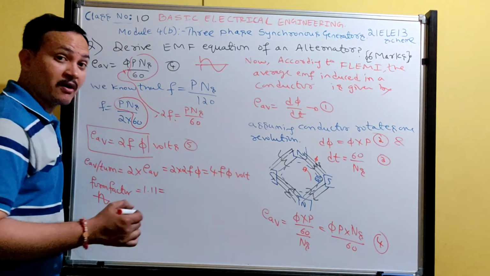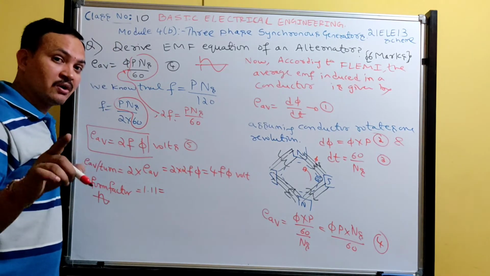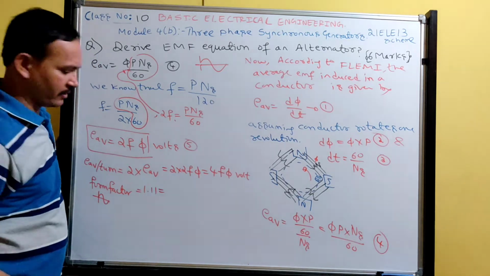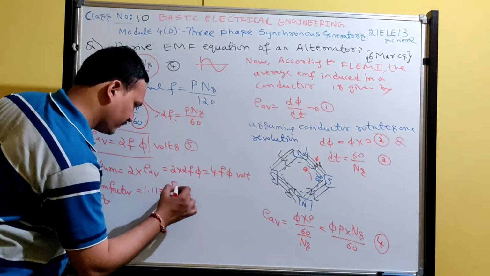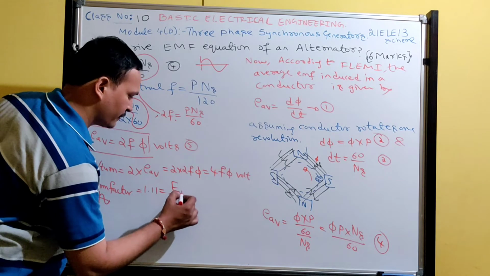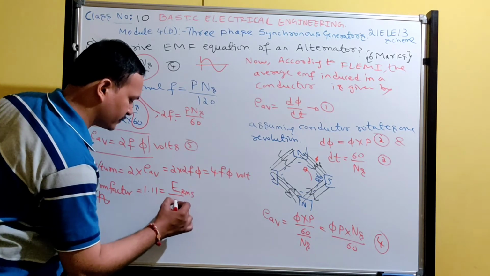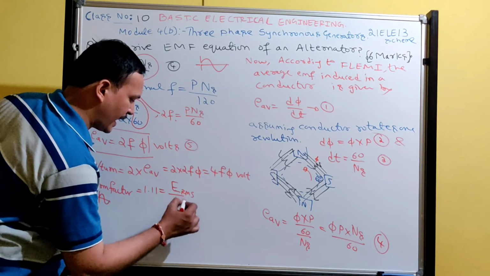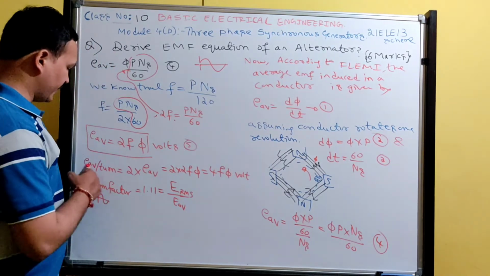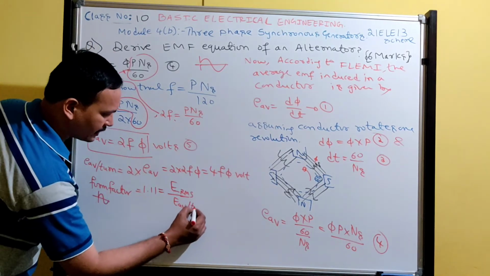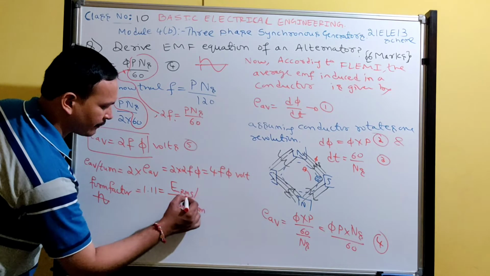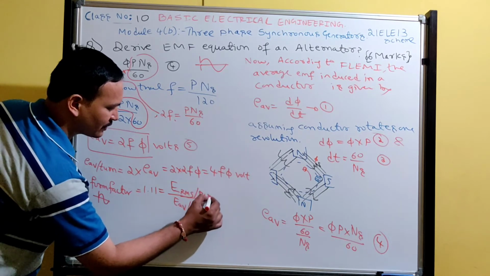What is the formula for form factor? It is defined as the ratio of RMS by average, that is E RMS by E average. Here I am taking E average per turn, then we get RMS voltage per turn.